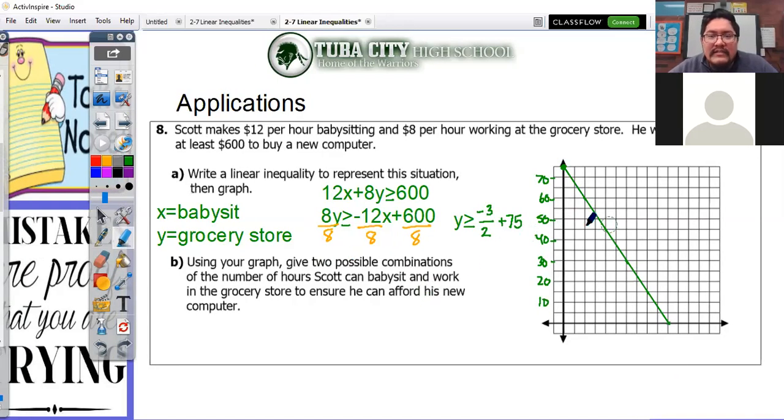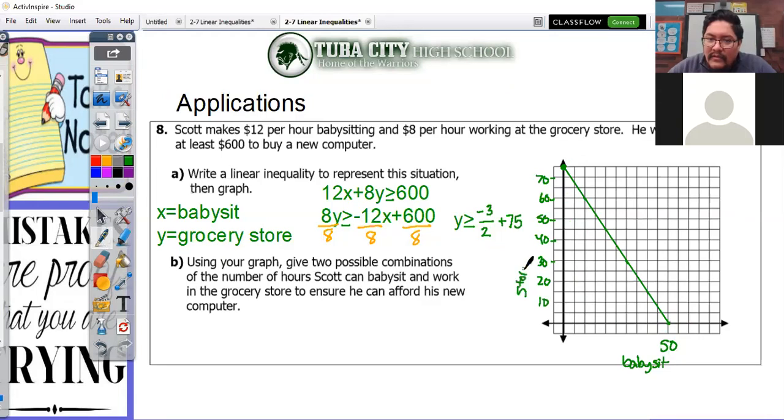Now the other thing is, where does the shaded area go? Does it go here or is it up here? And again, sometimes you can just think about this. Let's say he works several hours at one of the jobs. So in this case here, X is babysitting. And this is the store.